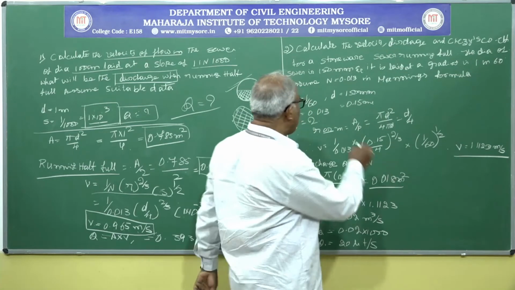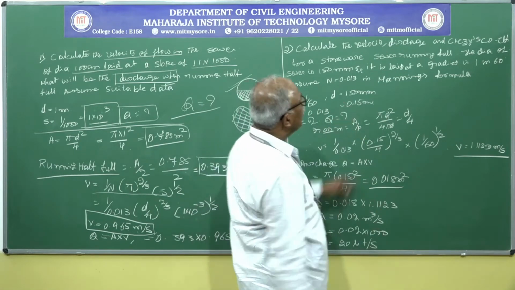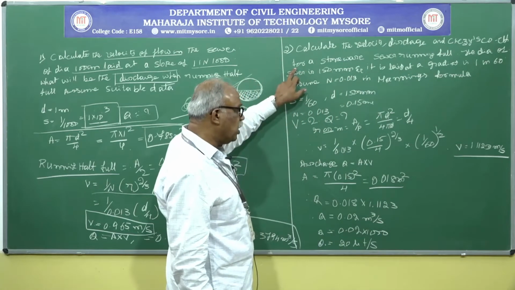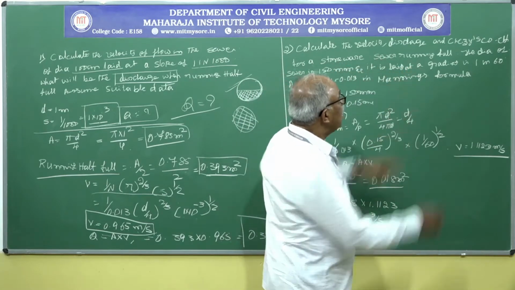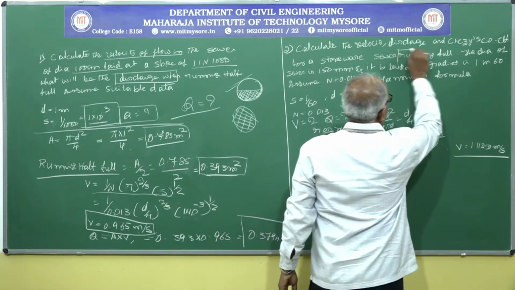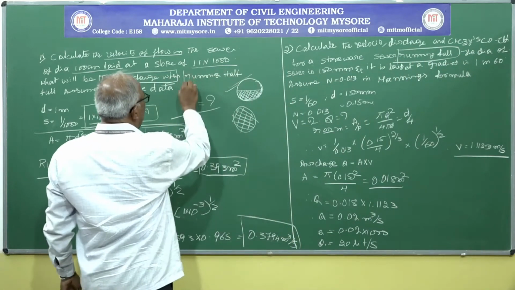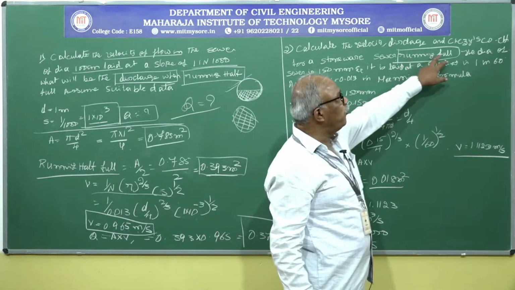Discharge, we have to calculate Q also. And Chezy's coefficient for a stoneware sewer running full. In the previous problem running half, but in this problem running full.